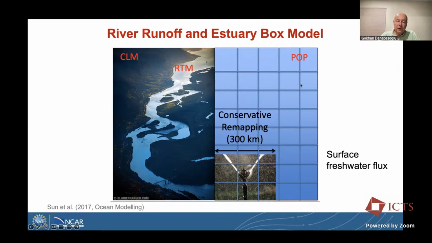So what we do is essentially, regularly, this is shown by a sprinkler here, we simply take this incoming runoff and spread it over, I don't know, a 300-kilometer wide region. And it is many, many grid boxes. So that's what we end up using traditionally. And this is not really a good way of doing it, but it's really practical and it's an easy thing to do.